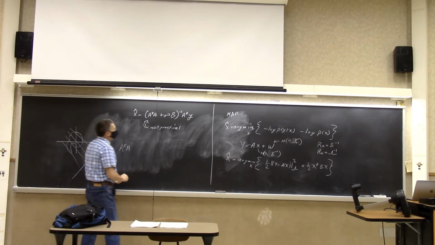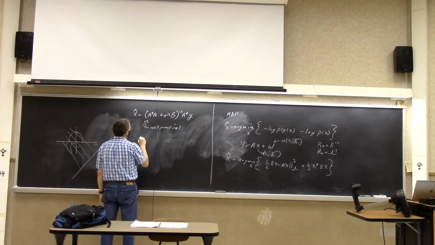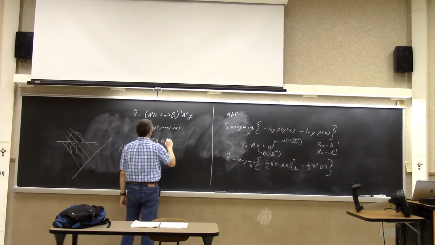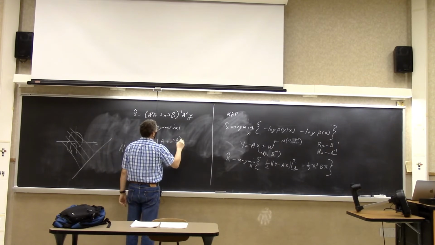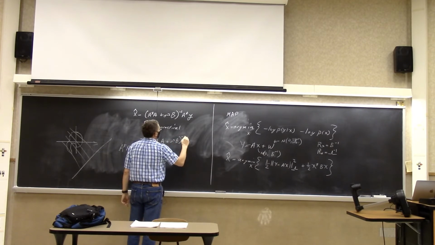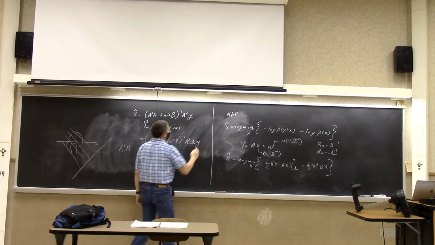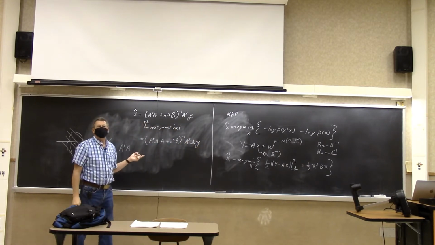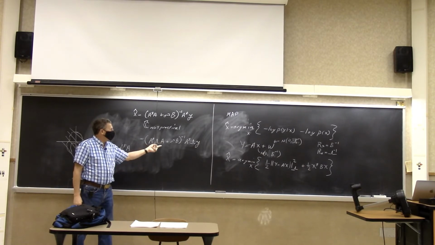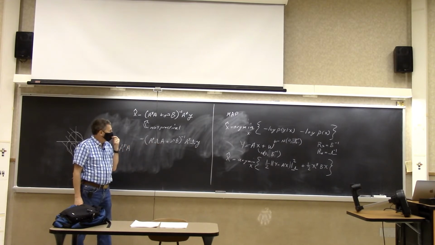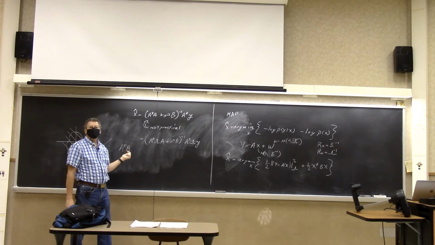Oh, by the way, here's another bug in the ointment, you might say. Actually, what I wrote there was incorrect. It's really this. And then you can't do it with FFTs. You could do it with an FFT if A is circulant, but you can't do it with an FFT if A transpose A is circulant.